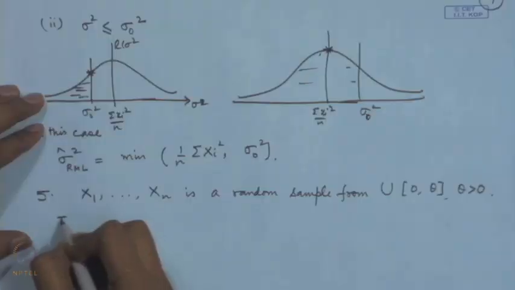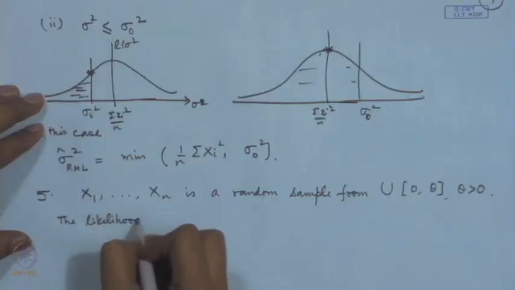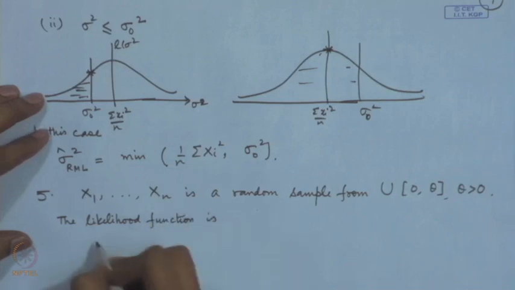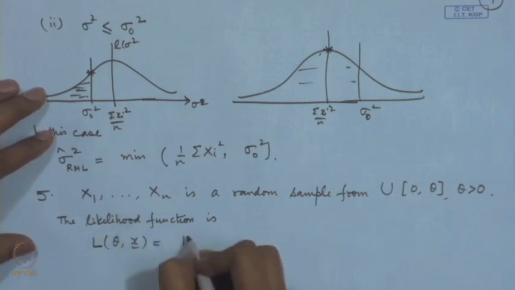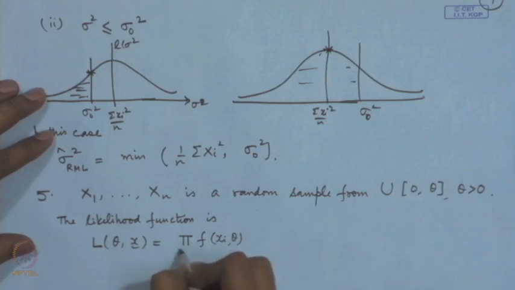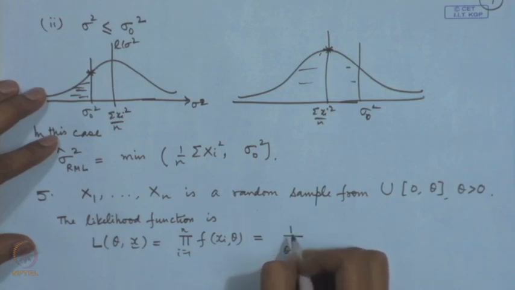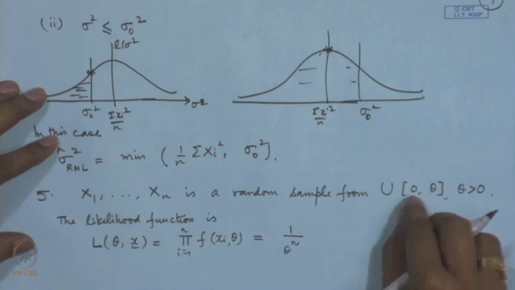So, the likelihood function is L(theta; x) equal to the product of f(x_i; theta), i equal to 1 to n. Now, this we write as 1 by theta to the power n, because the density function of the uniform distribution on the interval 0 to theta is 1 by theta.